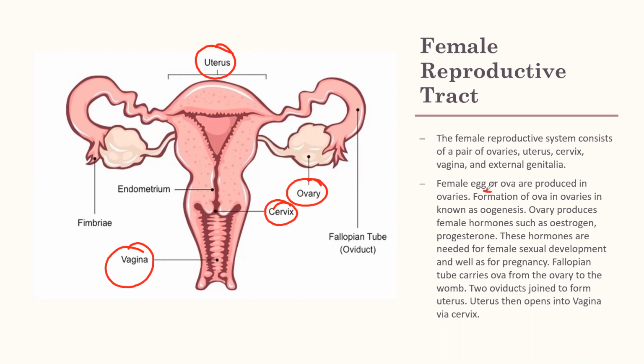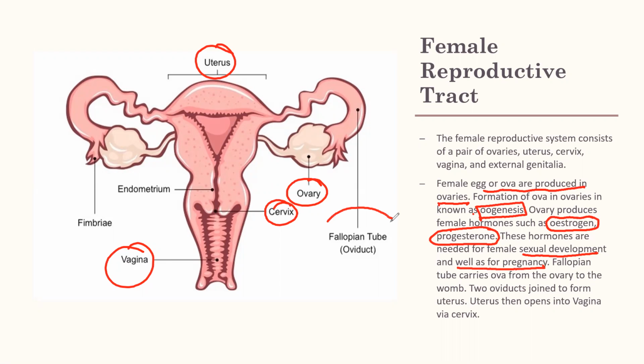Female eggs or ova are produced in the ovaries. Formation of ova in the ovary is known as oogenesis. Ovaries also produce female hormones such as estrogen and progesterone. These hormones are needed for female sexual development and also for pregnancy.